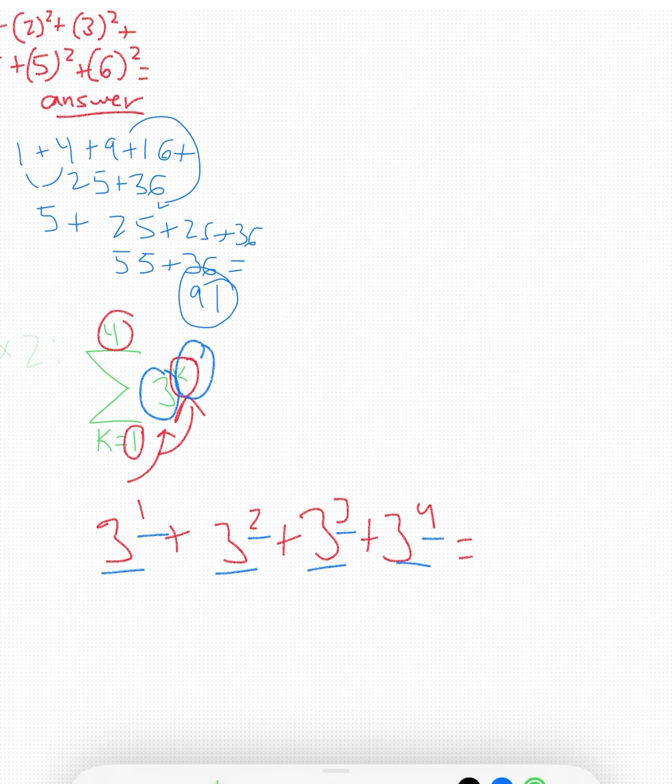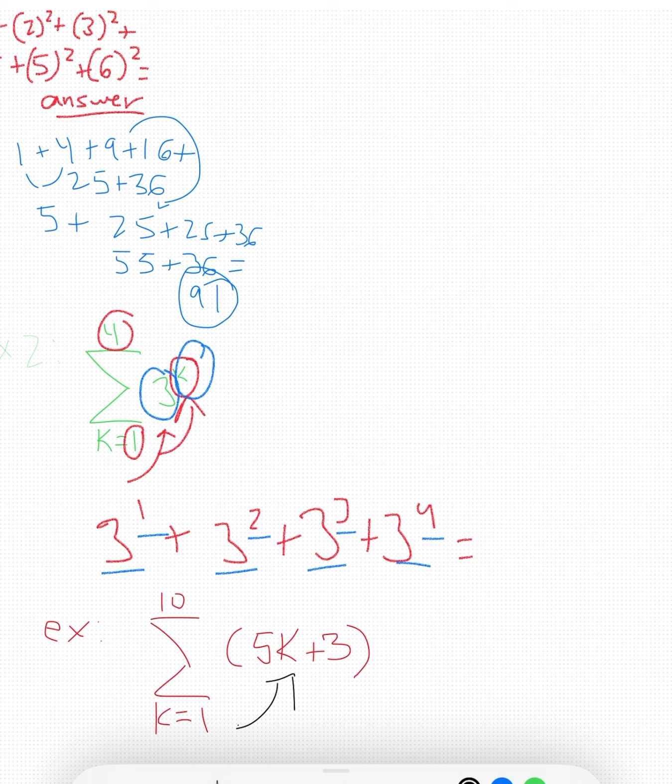And let's look at one more problem right here. So for this type of problem, you can just put the 1 in there and solve normally.